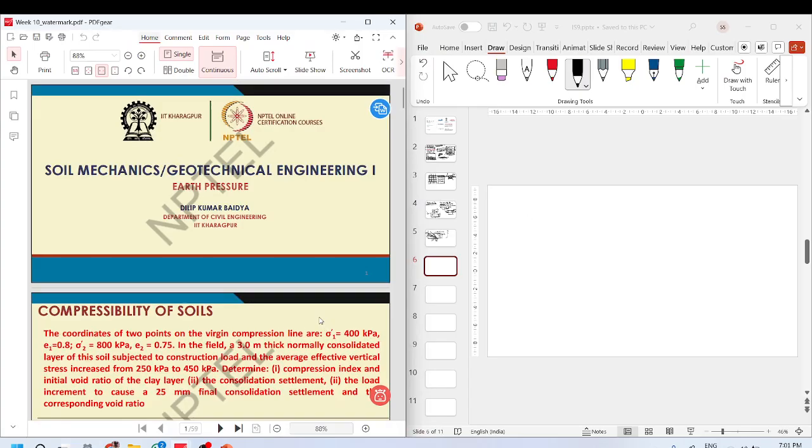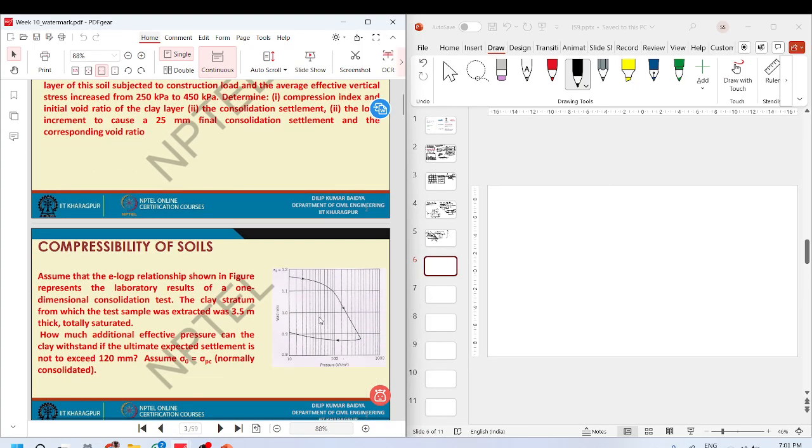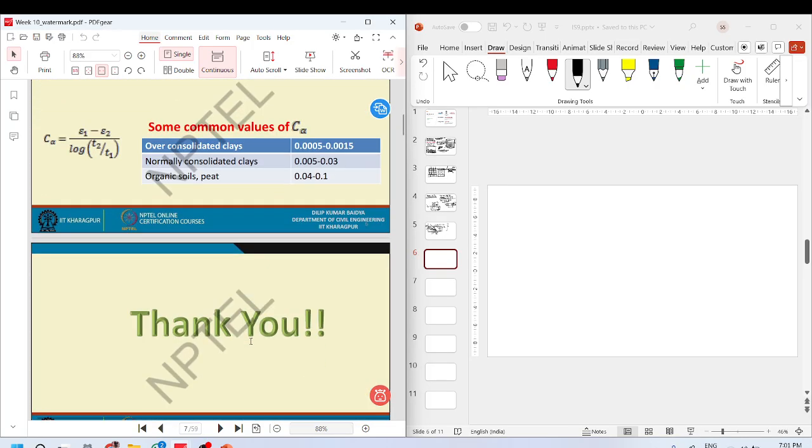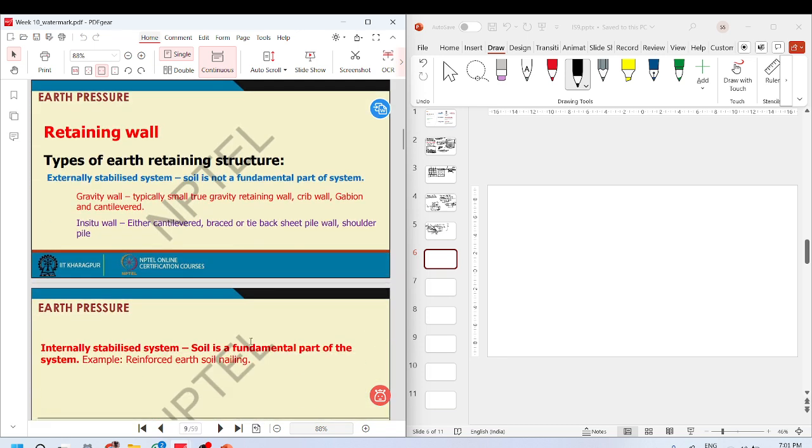Let's discuss the earth pressure theory. We were still talking about compressibility of soils. So when we talk about earth pressure theories, what is earth pressure as such?